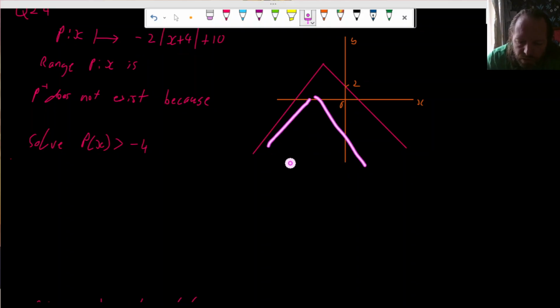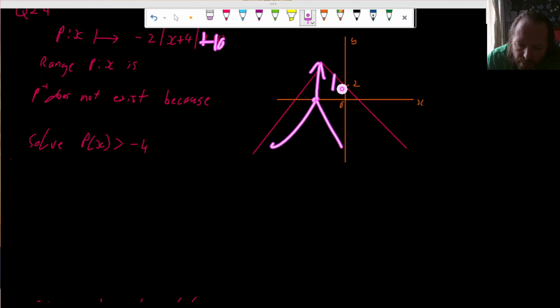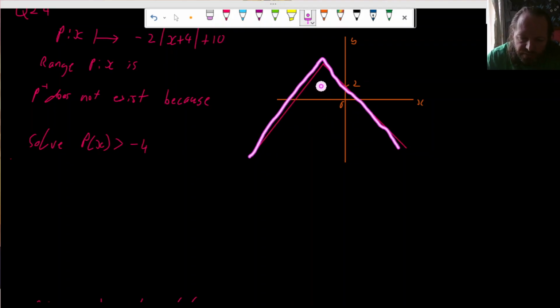It would also narrow up a bit, with the plus 4 there. And then when you add 10, it would take that point and shift it up by 10, giving you the final score, which means this point here must be 10.